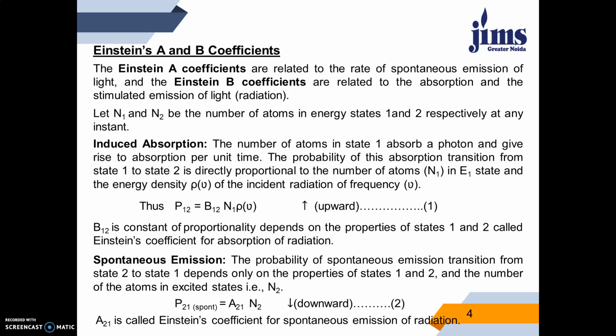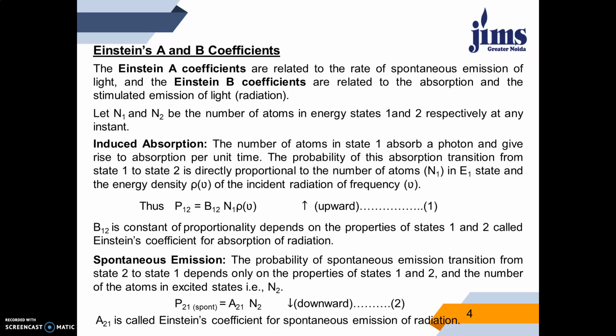absorb a photon and gives rise to absorption per unit time, the probability of this absorption transition from lower energy state 1 to the higher energy state 2 is directly proportional to number of atoms in the lower energy state, that is N1, and the energy density rho nu of incident radiation of frequency nu.